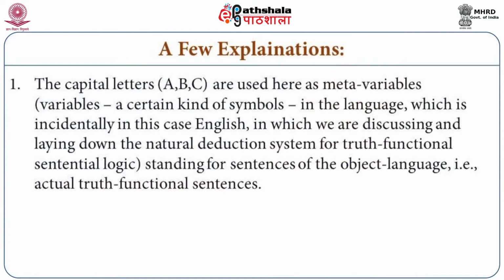Rather, these meta variables stand for sentences in the object language. What are these meta variables, you can ask. Meta variables are the vocabulary of the meta language. And what is meta language? In fact, now I am delivering my lecture in English. English is the meta language for the object language called logic. So A, B, C, being part of the English alphabet, are meta variables for our language, which is the language of logic.